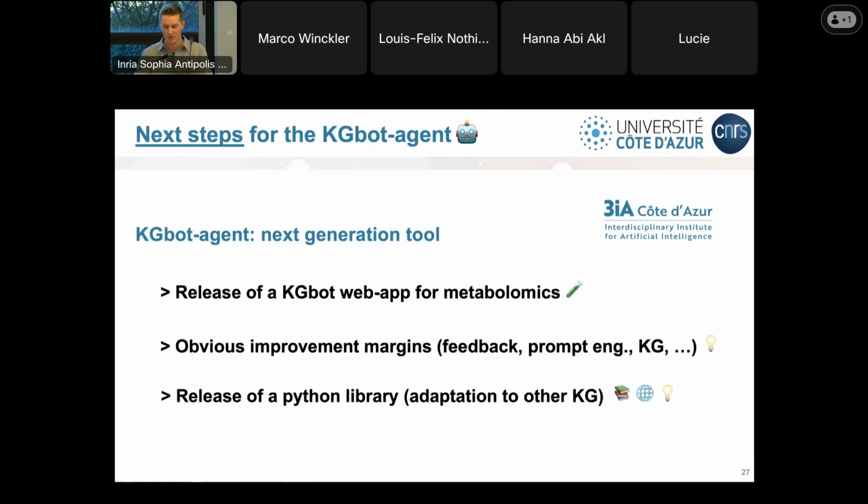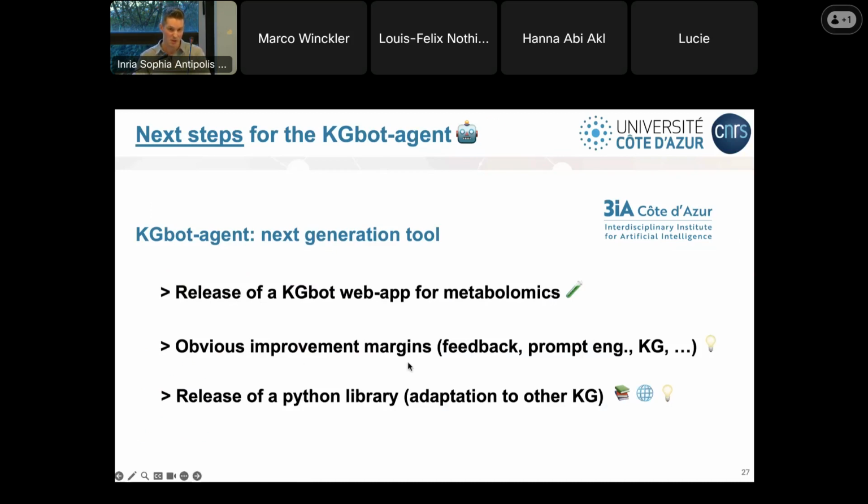Okay, so to conclude this presentation, this KGAI-agent is something that is very interesting for metabolomics because it will empower people that are not chemoinformaticians or bioinformaticians to do some advanced data mining. So in terms of democratizing access to advanced capabilities, this is quite interesting.